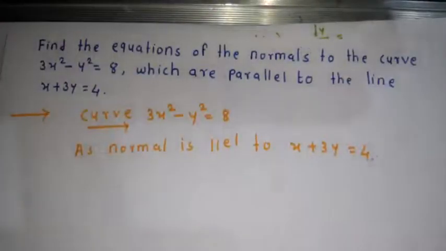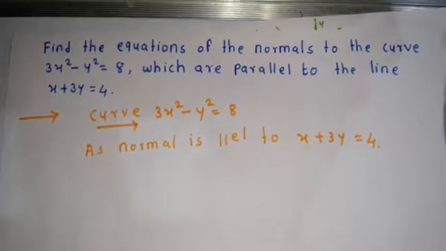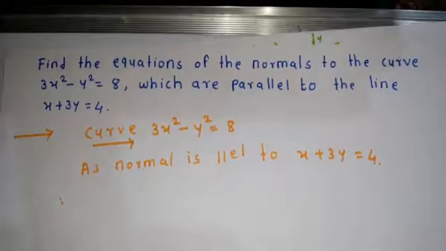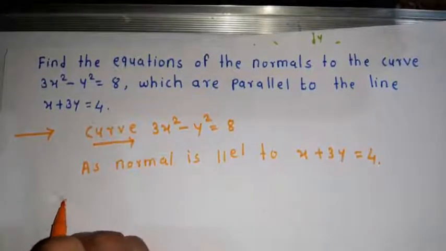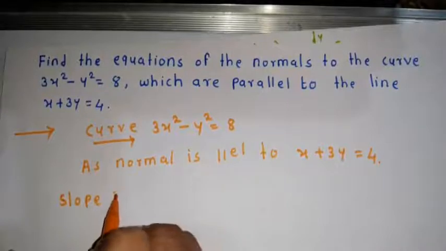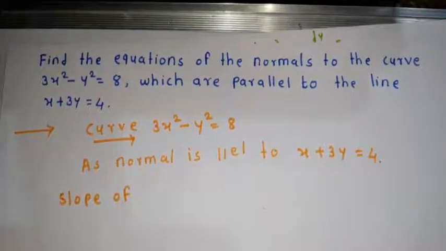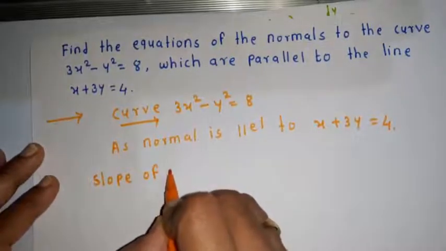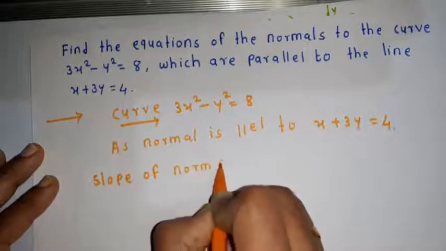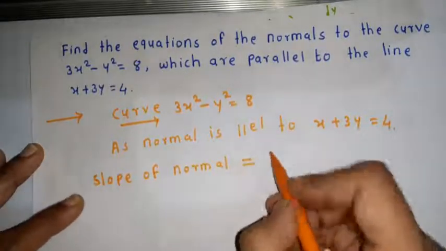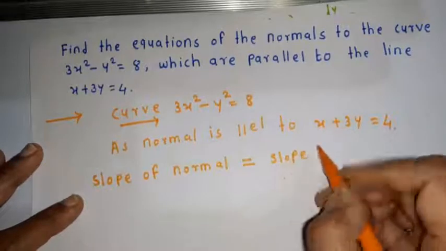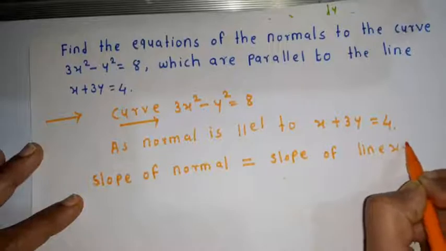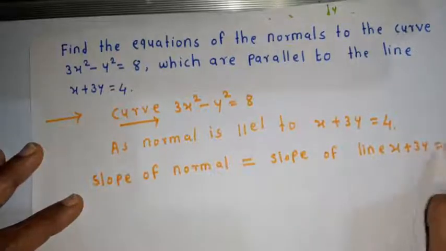Therefore, the slope of normal is the same as the slope of the line x plus 3y equal to 4.